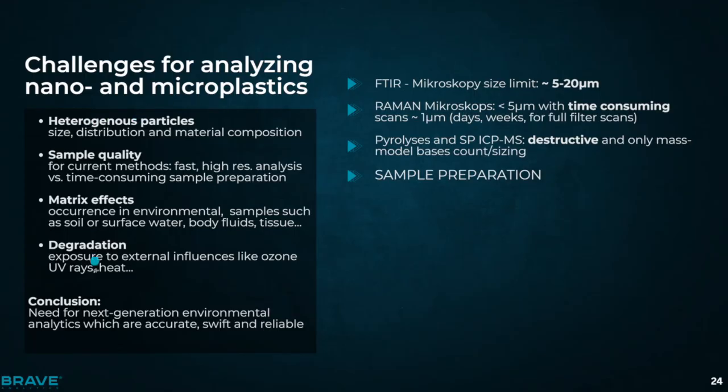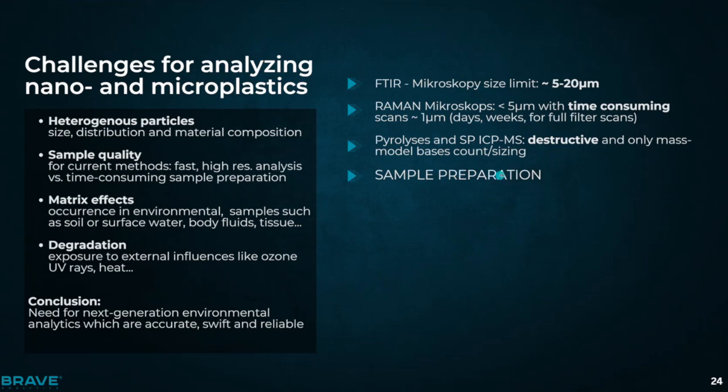And this is not to be underestimated, but you probably know all these challenges, that you have a very heterogeneous particle system. So size distribution and material composition are not as defined as in pharmaceuticals. So different challenges appear. Same with sample quality. Some samples are very defined in the matrix, or are degraded, and you really need to look into spectra differently, because yes, there is clearly defined degradation from UV or ozone, and all this needs some help to really go to lower than 20 micrometers.